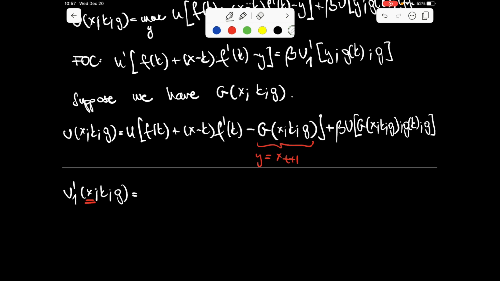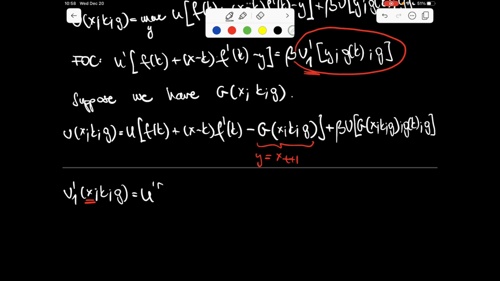So actually what we are looking for is this function, the derivative of the value function with respect to the first variable. So this is what we are looking for.